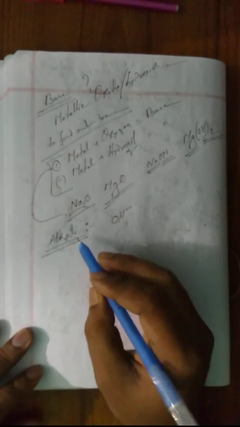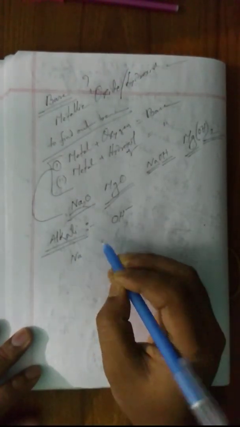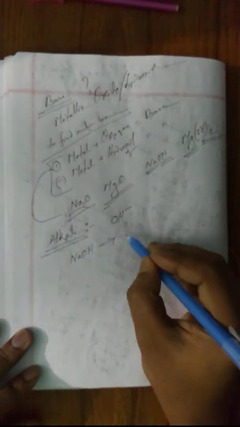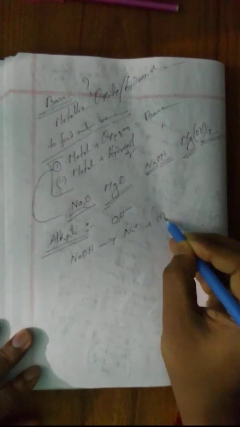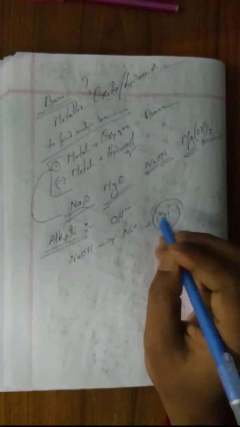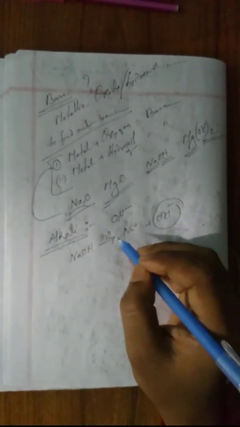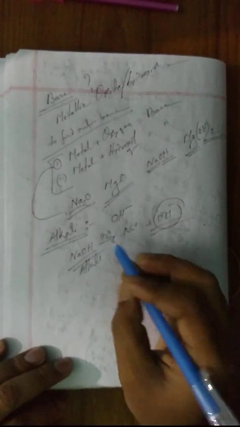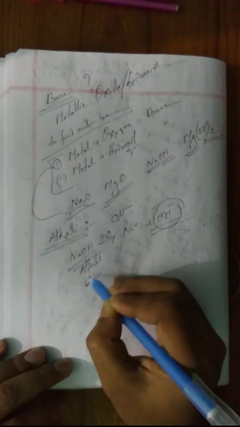That means the substance that can produce hydroxyl ion in water is known as alkali. Suppose NaOH, so this can produce OH ion in aqueous solution, H2O. In aqueous solution, this can produce OH ion, so it is alkali. And also base; first it is base, then it is alkali.